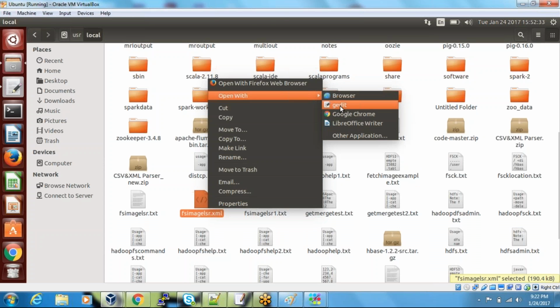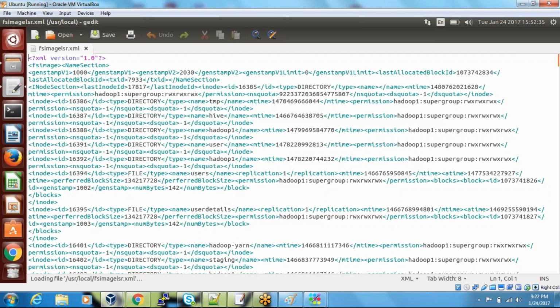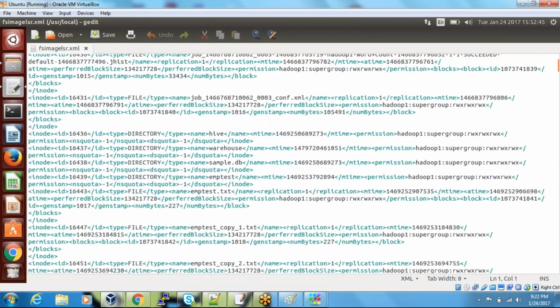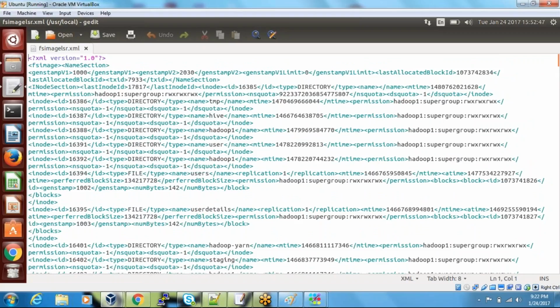You can generate the FS image file in whatever format you want. This is the FS image format. If you look here, I have generated my metadata file, the FS image file, in the form of an XML file.